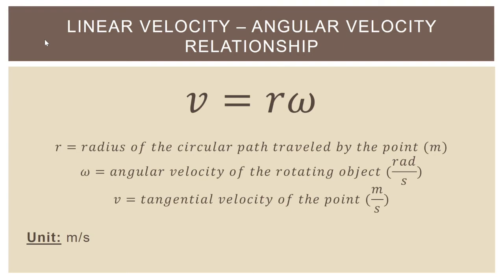Notice here, in a way that should make sense, we get units of meters per second for our tangential velocity. The reason why we get meters per second, though, is a bit confusing. So I'd like you all to write this down first, and then we'll get into the reason why the units just work out to be meters per second.